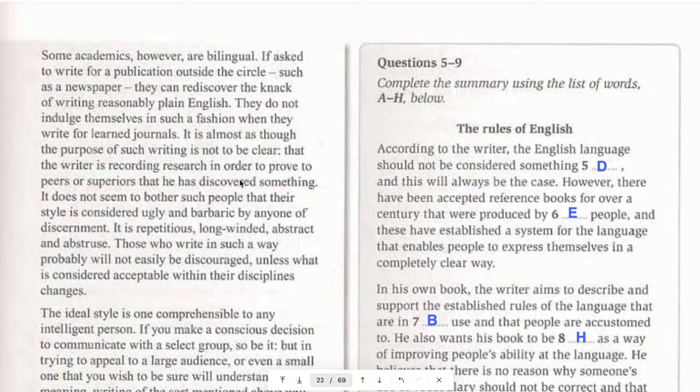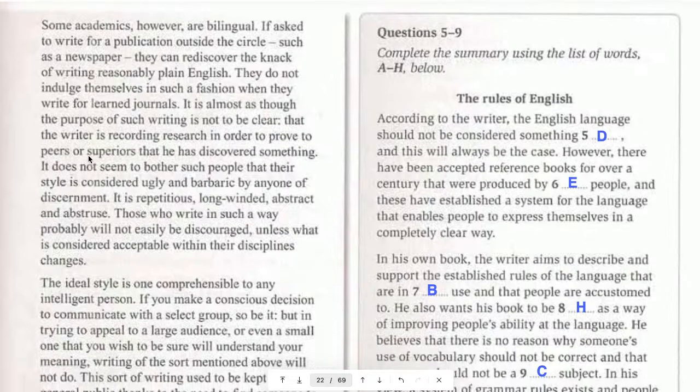You can read the next sentence. Yeah, the answer, no, not there. I think they did not engage themselves in such a fashion when they write for large journals. Yeah, the next sentence. It is almost as though the purpose of such writing is not to be clear. Go on. That the writer is recovering research Go on.